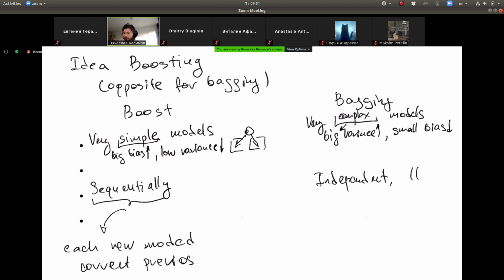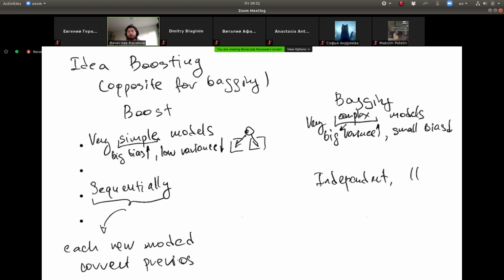And this is very drastic compared with bagging, because in bagging, each new model knew nothing about other models. In boosting, we would like to reduce the number of models. We would like each new model to influence our whole ensemble in an efficient way. So to do this, each new model will look at the outputs of all previous models.